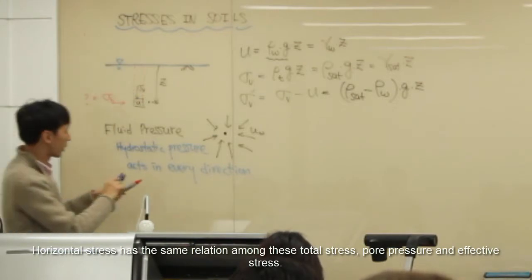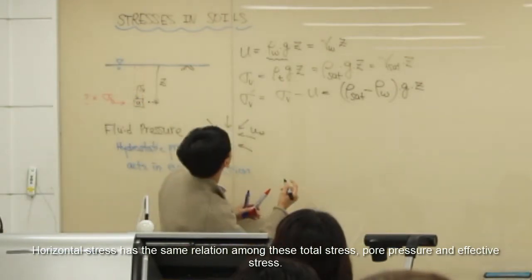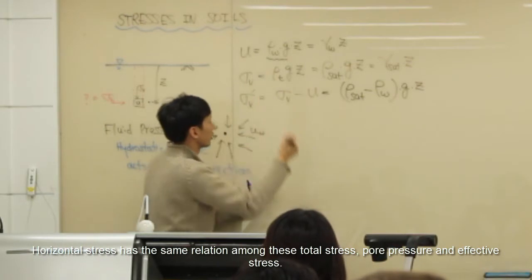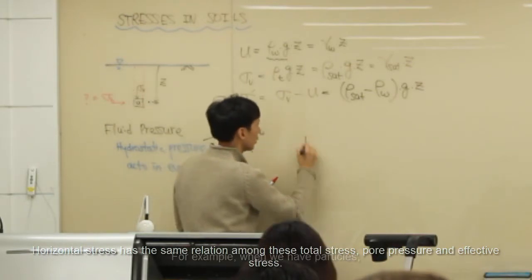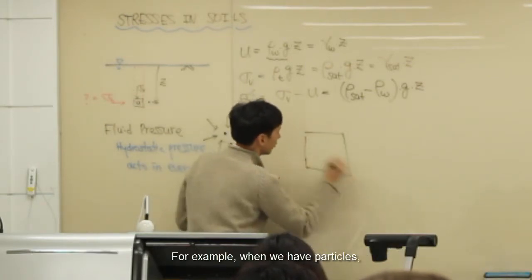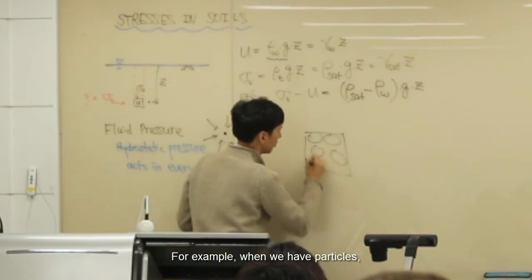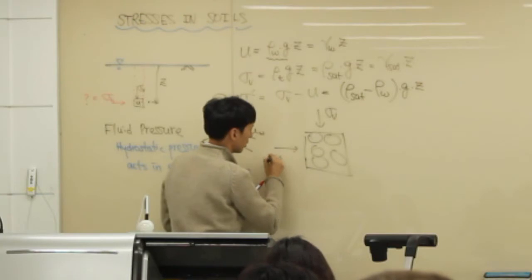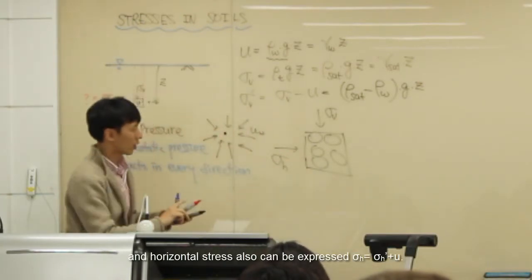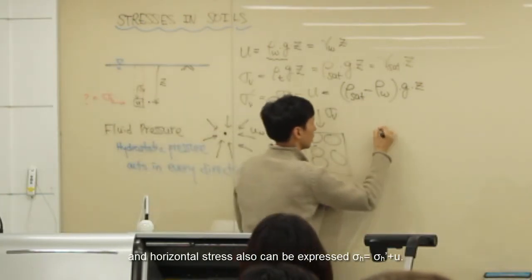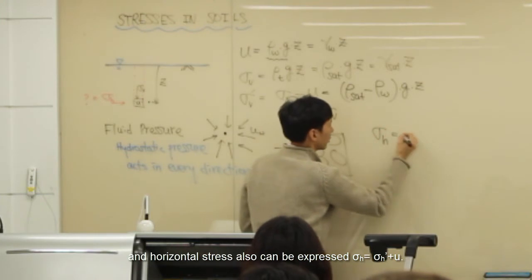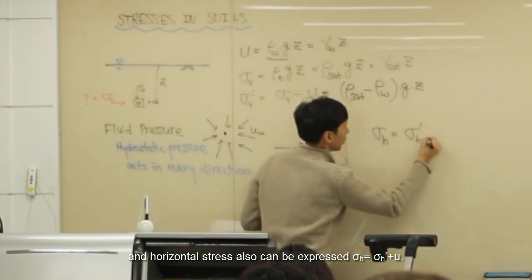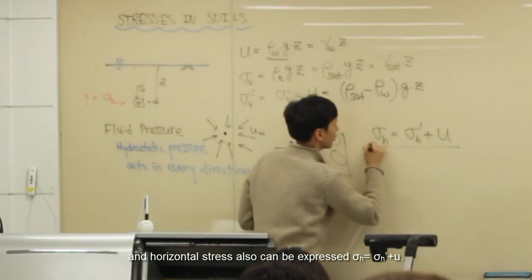Horizontal stress has the same relation among the total stress, the pore pressure and the effective stress. For example, when we have particles, we can simply calculate the vertical stress, and horizontal stress also has a total stress and an effective stress.